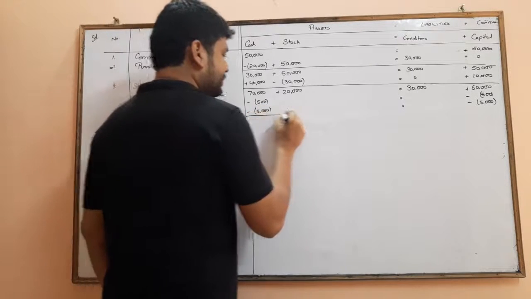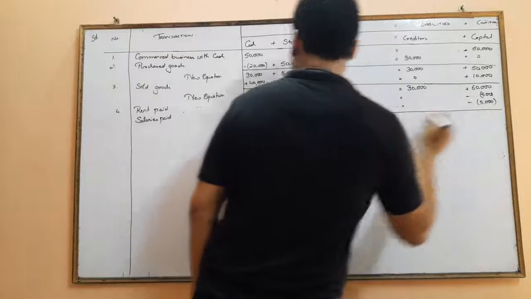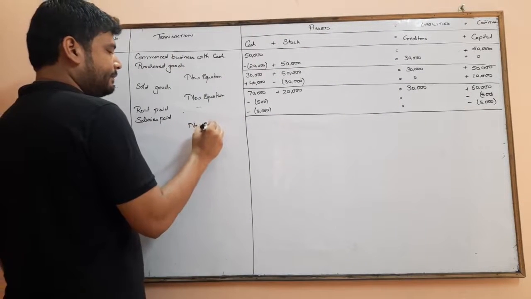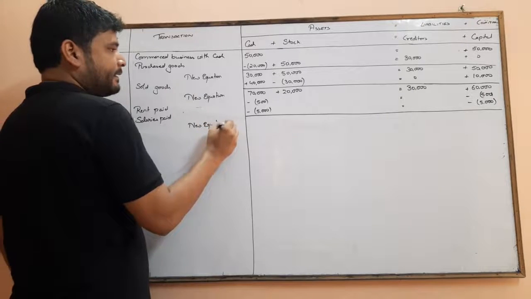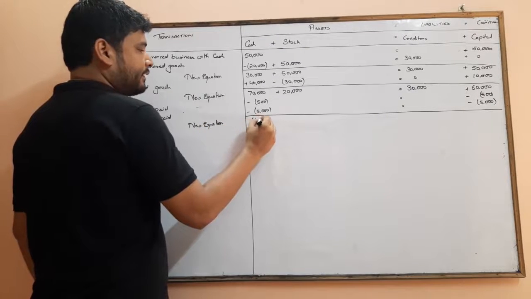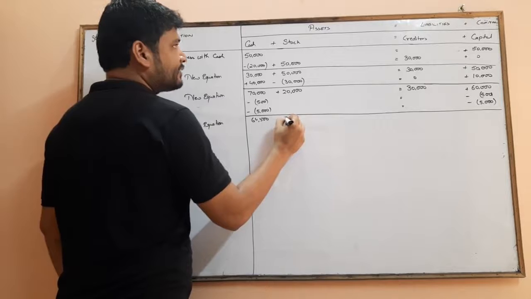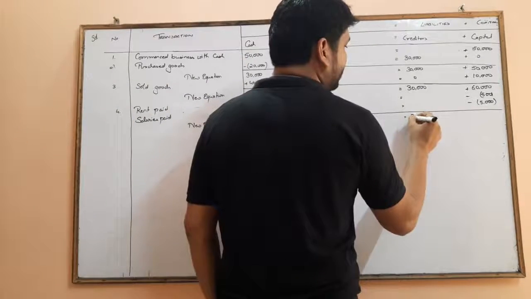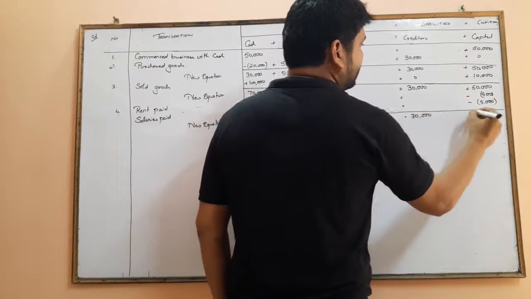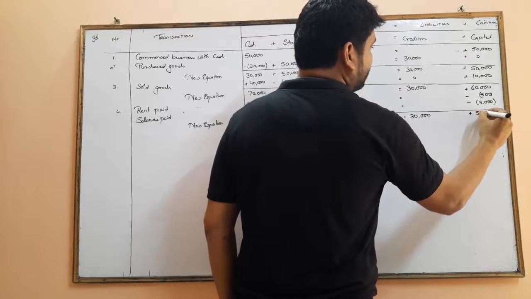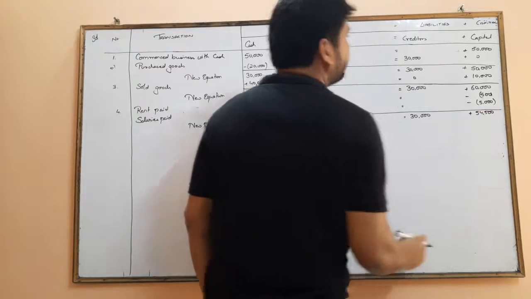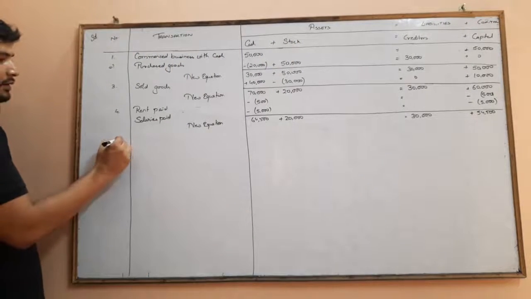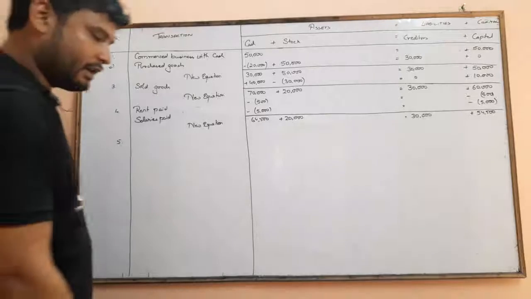So after this, my new equation will be 64,500 I'm having in the form of cash, plus 20,000 I have in the form of stock, 30,000 I have in the creditors, and 54,500 in the form of capital. Clear?